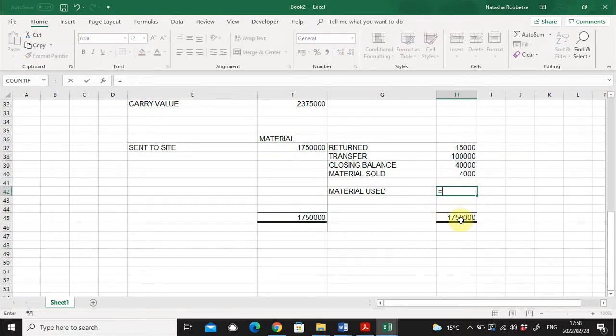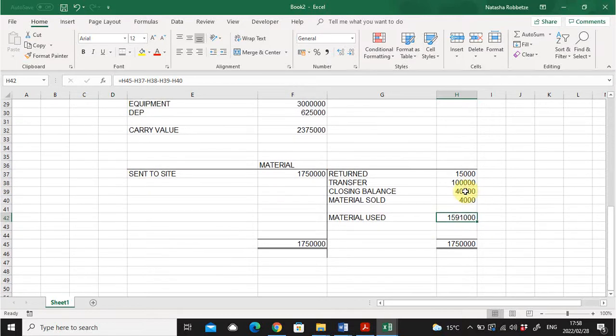So I'm going to take the 1,750,000 minus all the amounts that related to material on the credit side, and that gives us 1,591,000. And we were told that the overhead should be 5% of the direct material that was used.